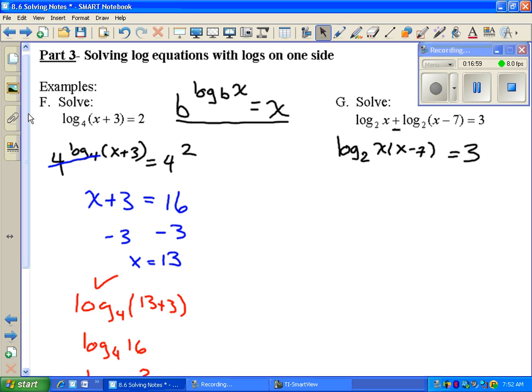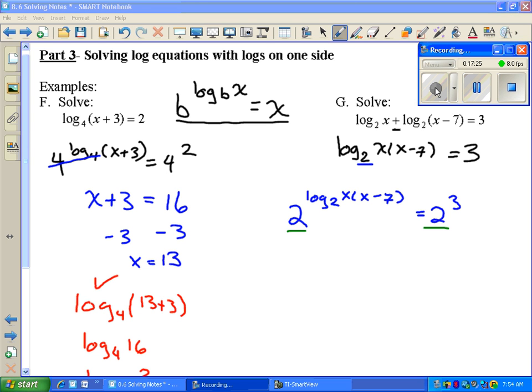Now that it's one log, I can go ahead and write this as an exponent. So my base is 2, so I want to say 2 to the log base 2 of x times x minus 7. Well, that's equal to 2 to the third. If I take 2 to some power on the left, I have to do 2 to some power on the right.